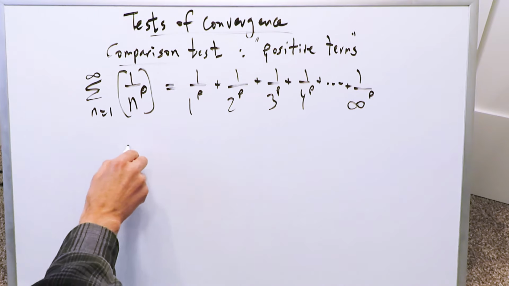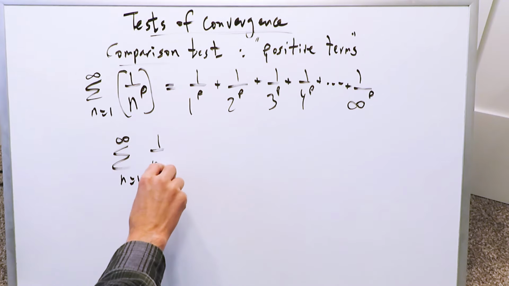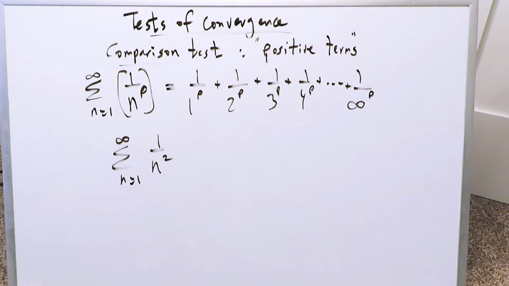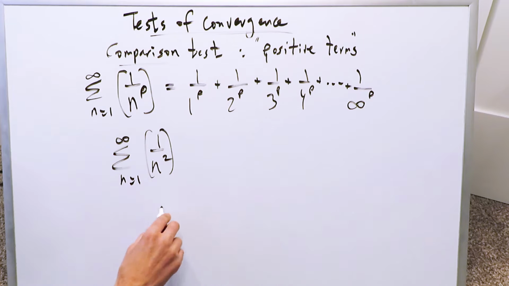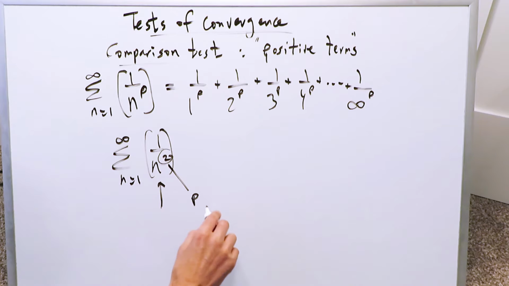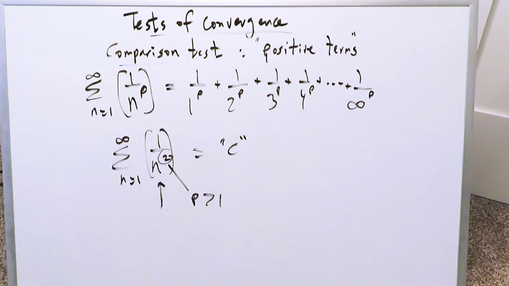If someone were to ask you to evaluate something like this, n is equal to 1 up to infinity of 1 over n squared, what would you do here with regards to an assessment of it being convergent or divergent? Would you go through an extraneous amount of work, or would you use a shortcut? I would use a shortcut, because when I look at this, it looks very much like that. When I look at this, it looks like a p-value which is larger than 1. Therefore, I can jump to the conclusion that this will be convergent.